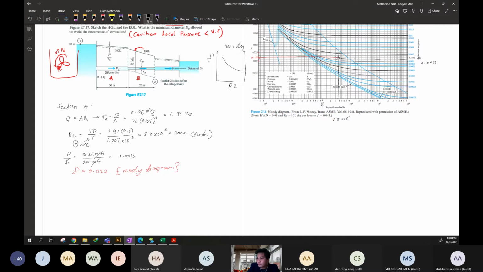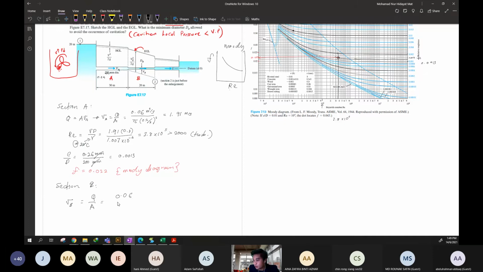Again, we need to do section B. In order to get VB, I'll make it fast here. V equals Q over area. Q is the same, remember that the flow rate never changes across the pipe.